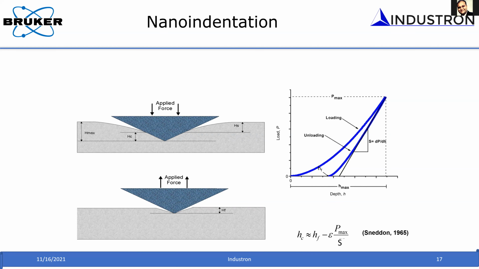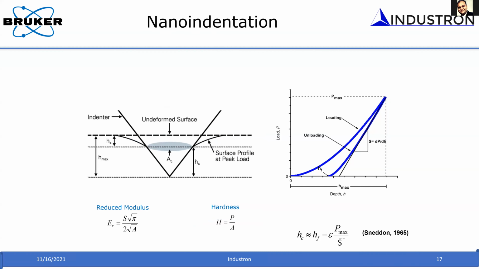So if you have this load displacement curve, and you know the geometry that you used for this indentation experiment, then from the load displacement curve and the known geometry, you can calculate the hardness and modulus of the material. How will you do that? That is why you need a model, and this has been well established.